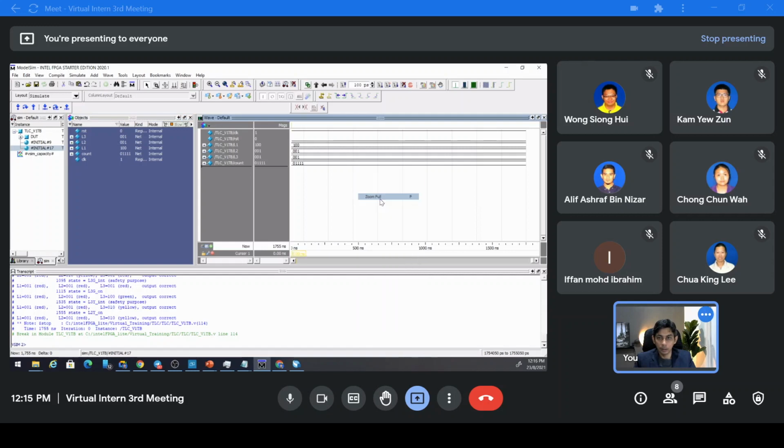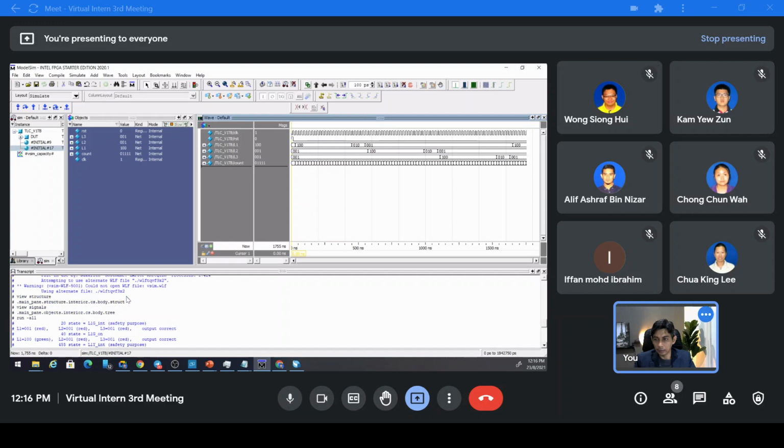Okay, so this is the output, and here is the output from the Testbench.